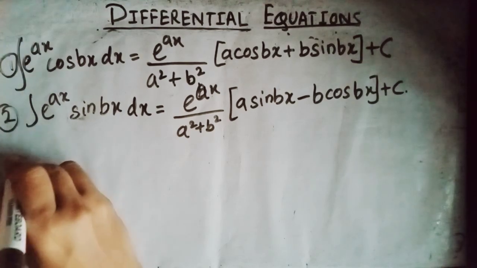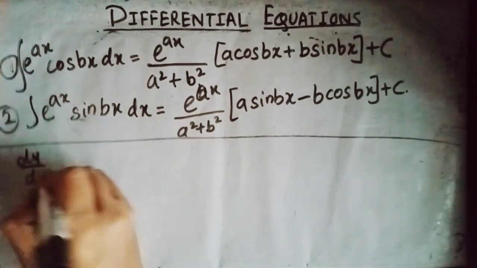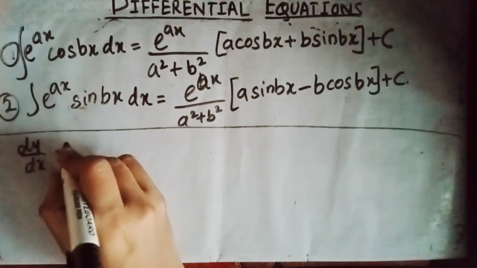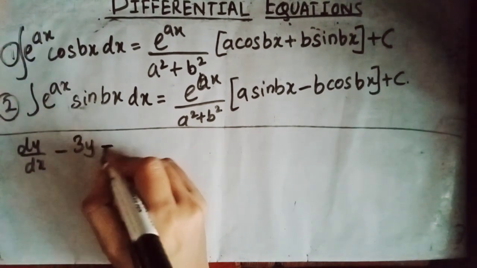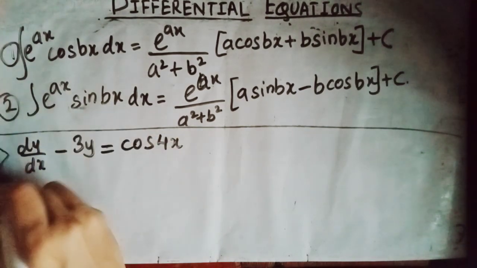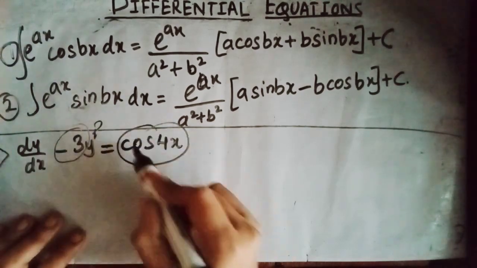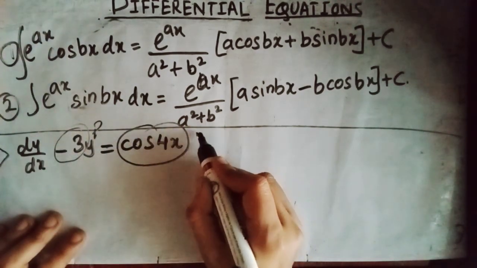Suppose you have dy by dx minus 3y equal to cos 4x. Okay, so here your p is minus 3 and q is cos 4x.